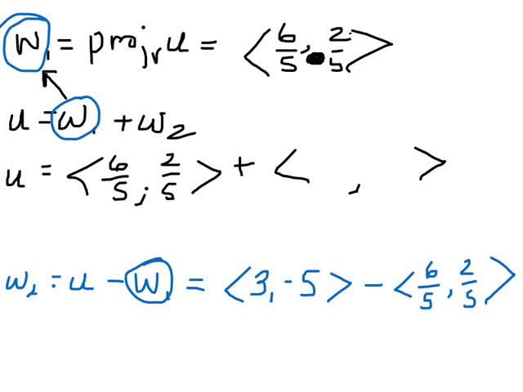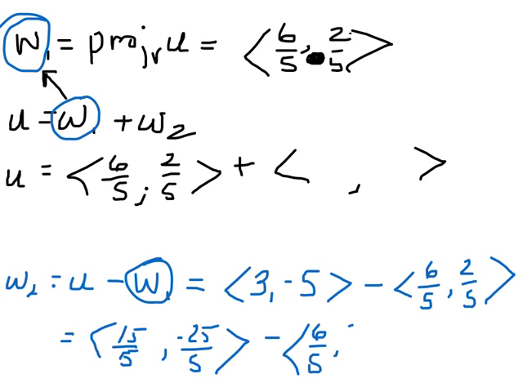All right, so I need a common denominator, so I'm going to rewrite that first vector with the denominator of 5. 3 times 5 over 5 would be 15 over 5, and -5 times 5 over 5 would be -25 over 5. And I need to subtract 6 over 5 and 2 over 5.